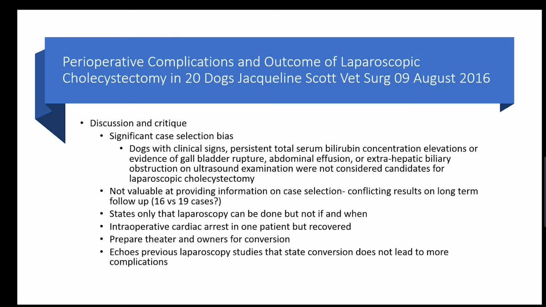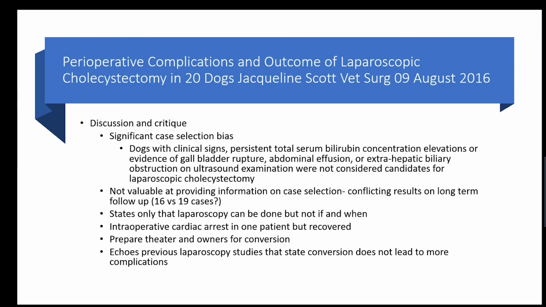So for these cases, they actually did not include any dogs that had persistently high bilirubin levels, any evidence of clinical signs, any evidence of gallbladder rupture, effusion, any kind of adhesions, anything that looked like the dogs were actually obstructed.